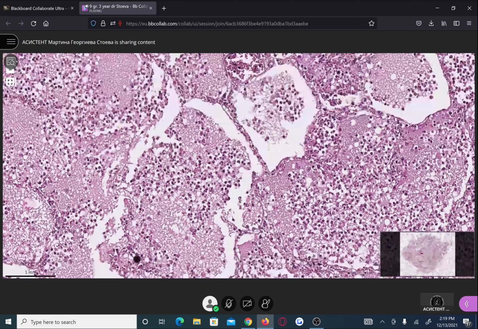Otherwise, in an alive individual, the exudate fills in everything. There is no free space between the exudate and the alveolar wall. But these artificial clear spaces occur during the routine processing of the tissue, exactly because of the fact that the inflammation is fibrinous.